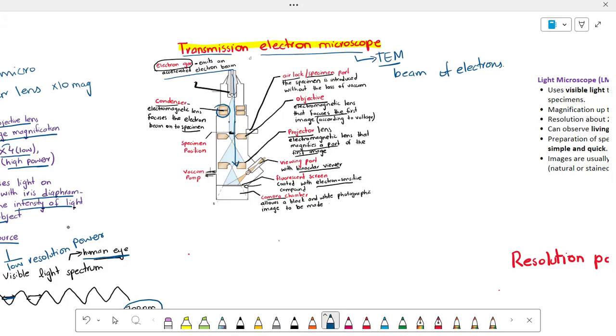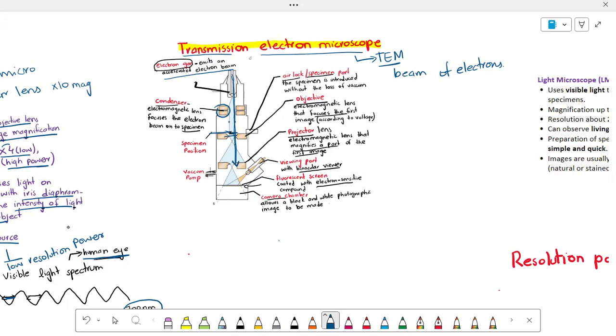The next one is specimen position. The specimen is placed on the path of the electron beam. The electron beam has to pass through this column, and we have to place the specimen at this position from where the electron beam has to pass. For TEM, the specimen must be extremely thin so that electrons can pass through it.